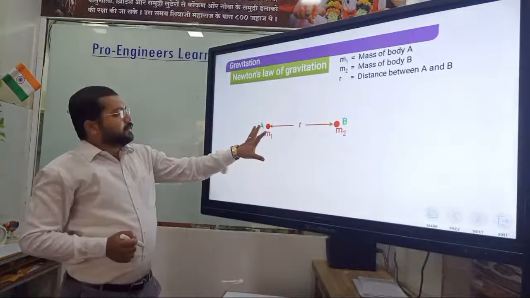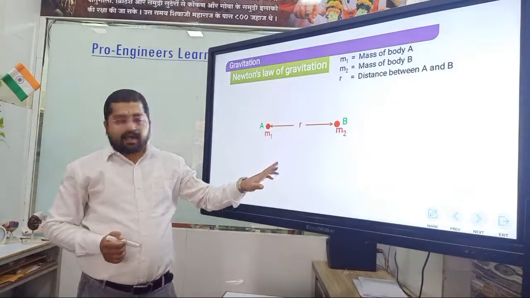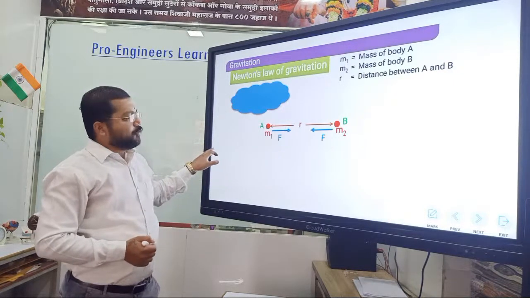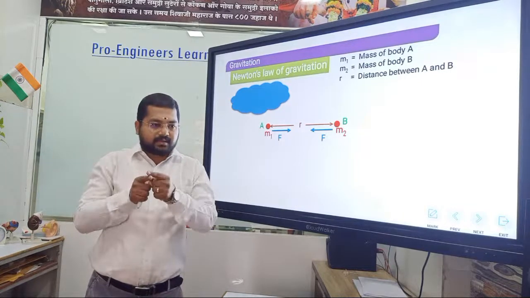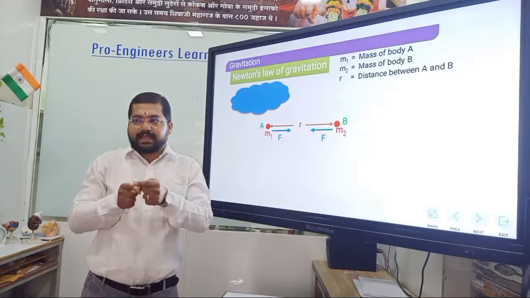So, if object A and object B are separated by the distance r, then what the law says is that the force of attraction between the two objects is towards each other.